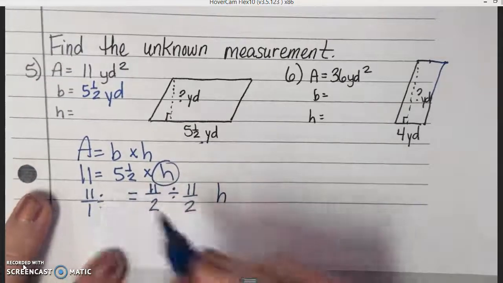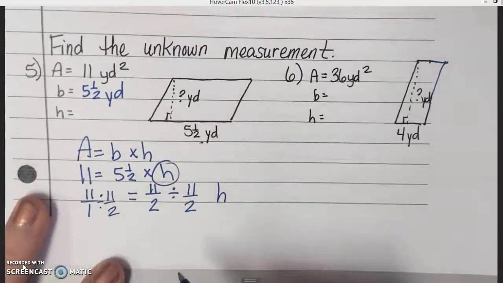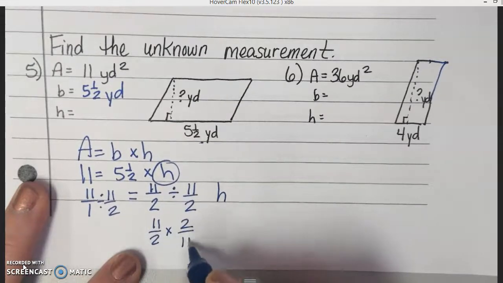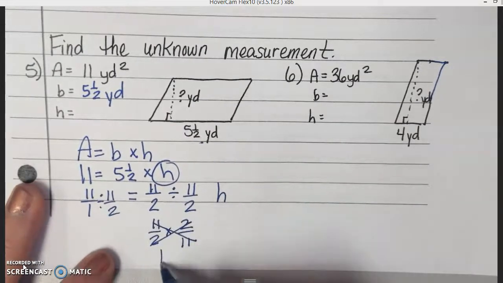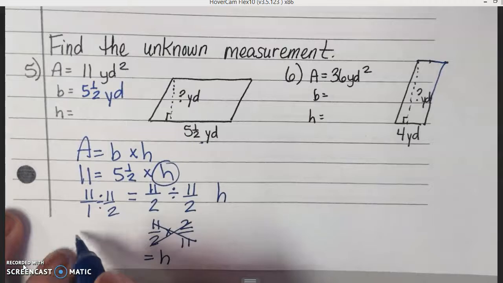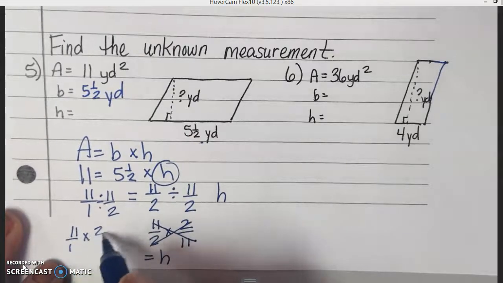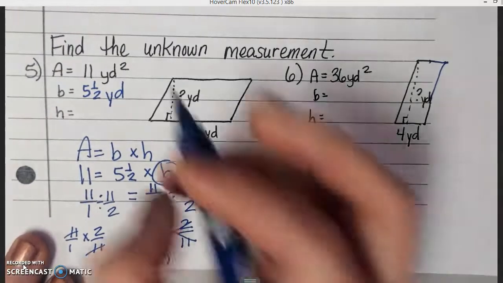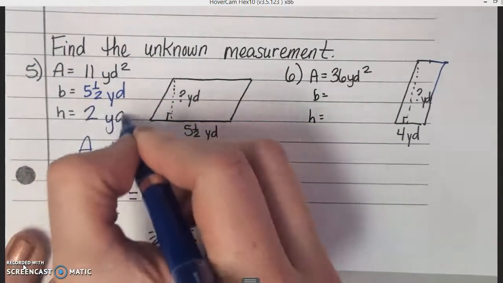So over here I'm going to have to divide by 11 halves. So if I keep it, change it, flip it, these cancel out and leave me with just H. And if I keep it, change it, flip it, these cancel out and leave me with what? Just 2. So it would be 2 yards for my height.